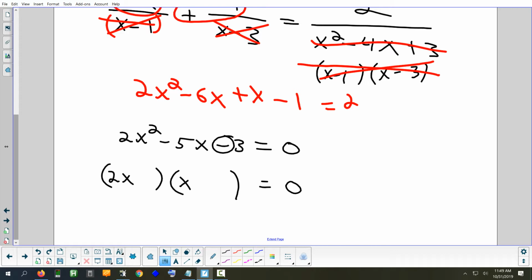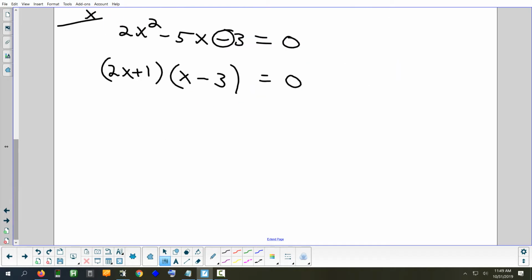I would do negative positive. 2 numbers that multiply to give me 3. 1 and 3, I'll put them in the order that Jared said, but we might have to try 3 and 1. Let's check it. 2x times x is 2x squared. 2x times negative 3, 1 times x. Negative 6 plus 1, negative 5. Perfect. Now, what value of x would make my first factor 0?